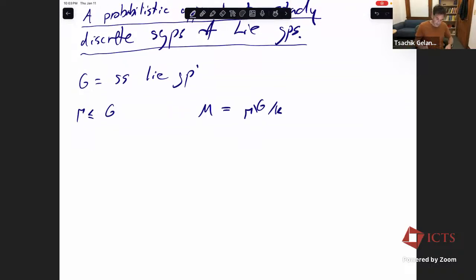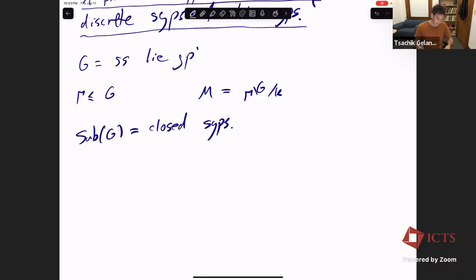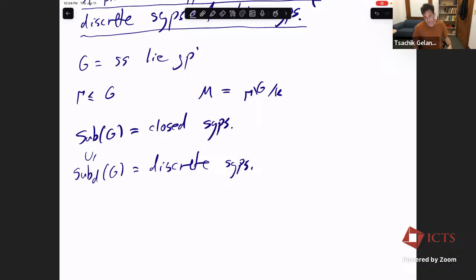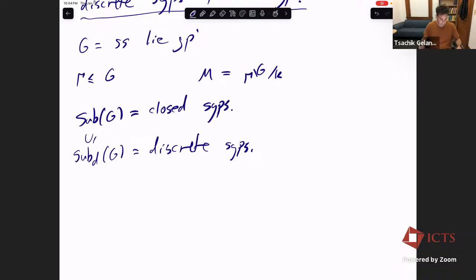And so we look at the space Sub G. This is the space of all closed subgroups. It has a nice topology that makes it a compact space. And inside there is an open subset, the space of discrete subgroups. And all the things that I'm going to discuss today are related to studying probability measures on this space.